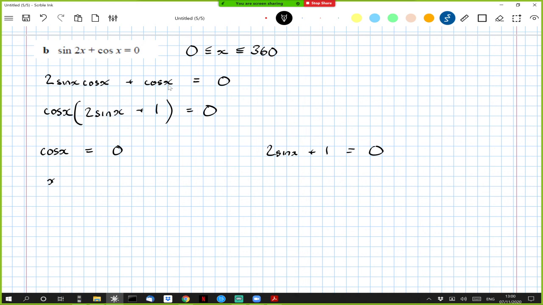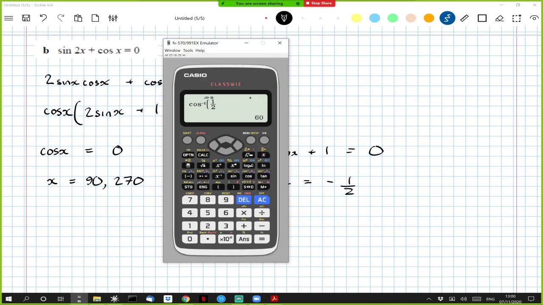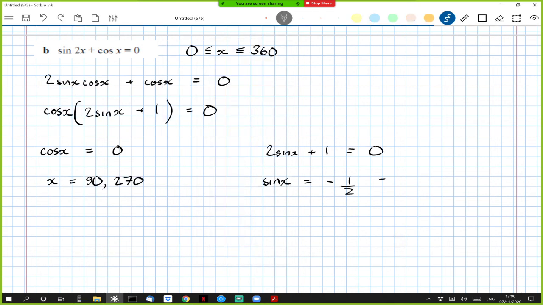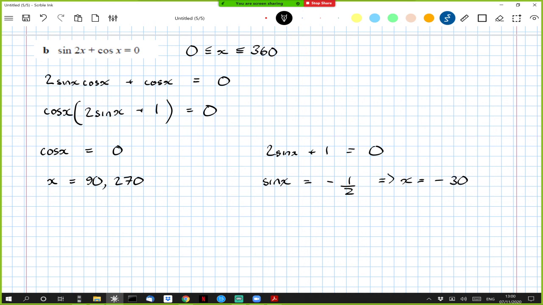So cos x equals 0. If you know your cos graph, you know that's equal to 0 at 90 and 270. And sine x equals minus 1/2. So if we arc sine minus 1/2, we get minus 30 degrees.